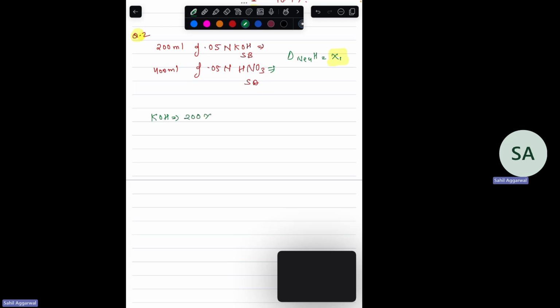We had 200 into 0.05, which is 10 milligram equivalent. और HNO3, which is also a strong acid, ये कितना है? 0.05 into 400, that is 20 milligram equivalent.